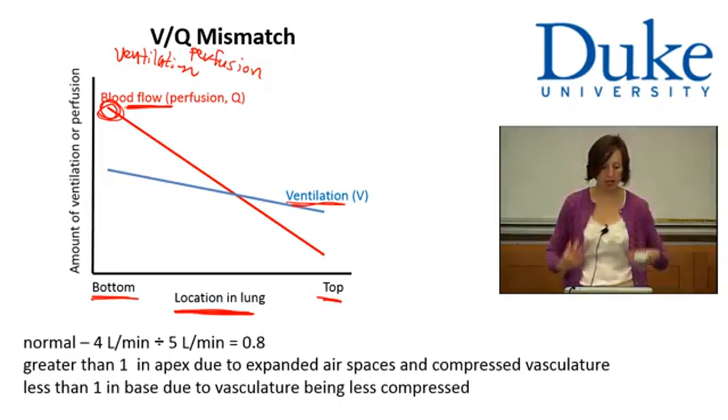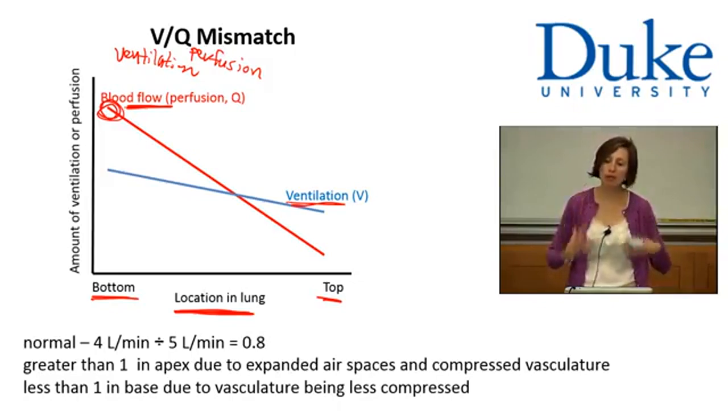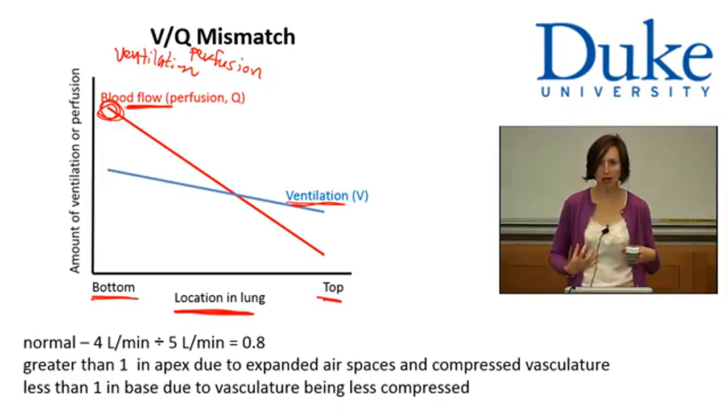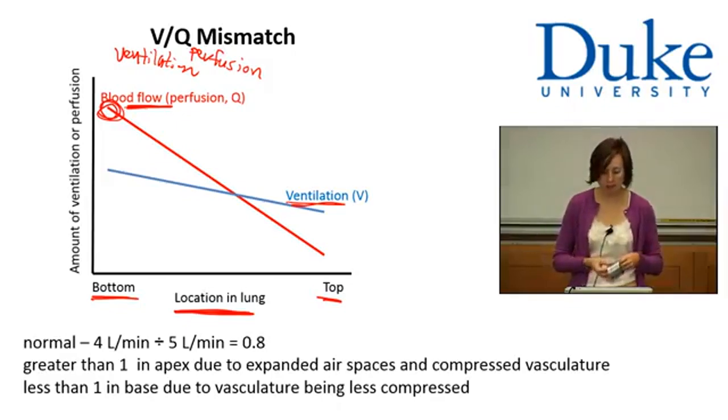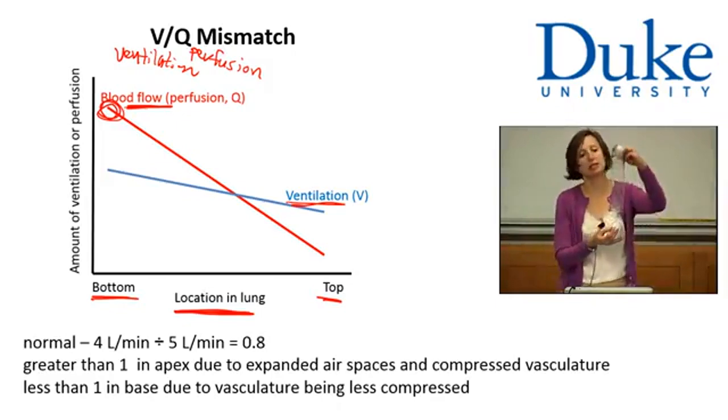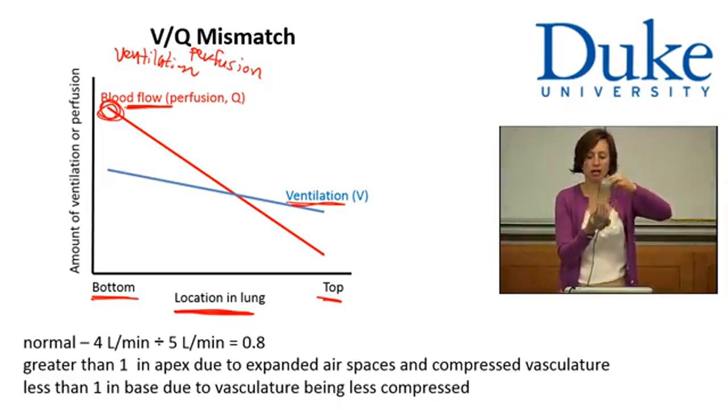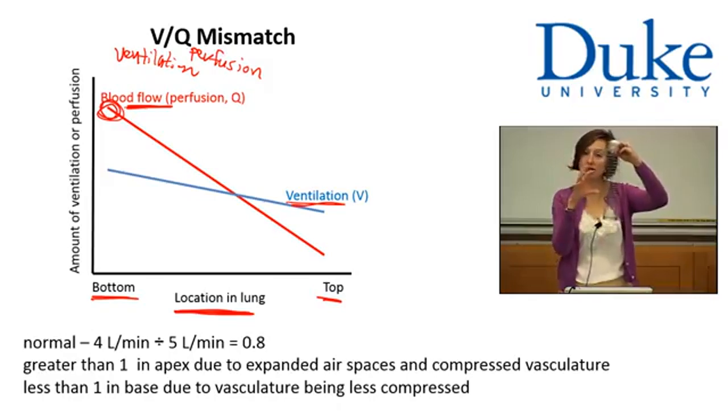So blood is going to tend to, not necessarily pool, but be more present in larger flow amounts at the bottom of the lung. The other issue is that we've already looked at how the lung tissue itself is going to change from the bottom to the top.